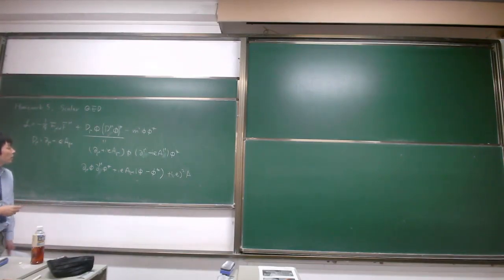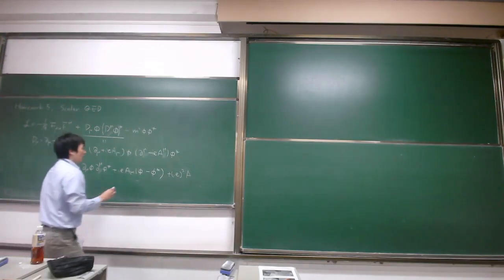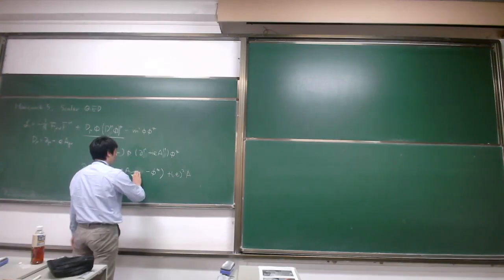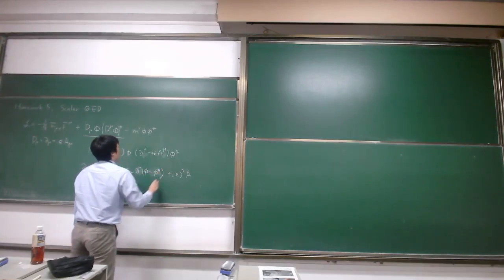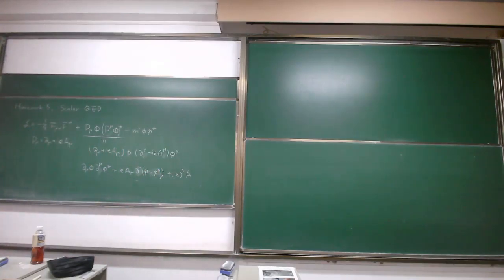Then I have to be careful a bit. Oh, what am I doing. Sorry. I'm so sorry. There must be a derivative. Do you agree so far? If you don't agree, just tell me.